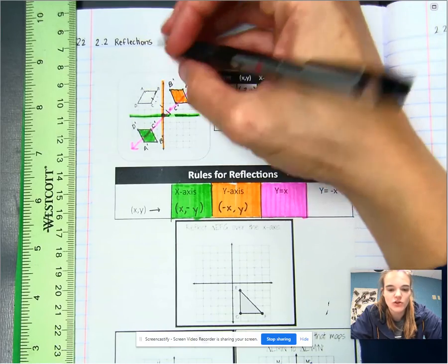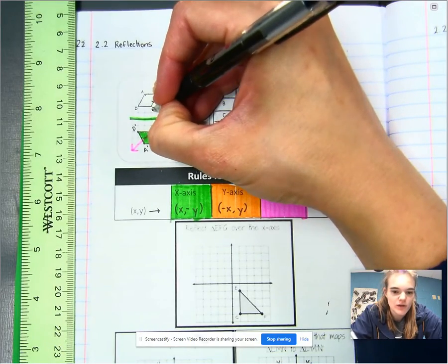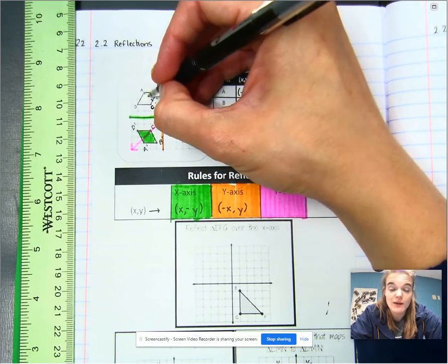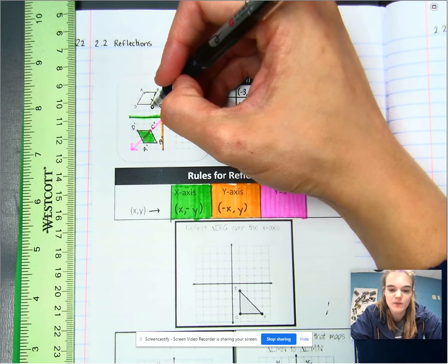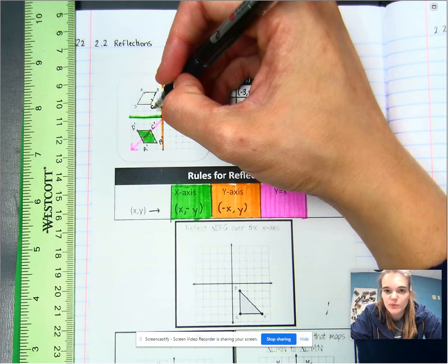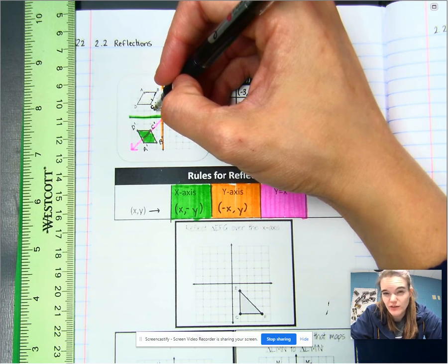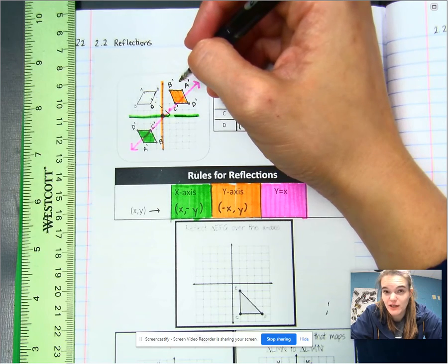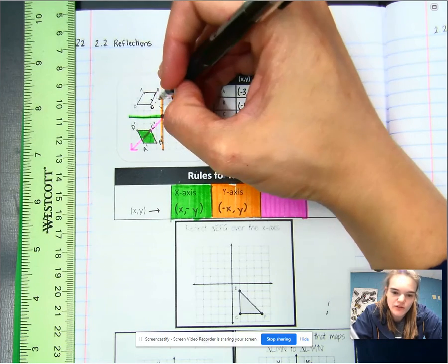We're actually going to start with C, because going through this picture is hard, and once we get C placed, since we know it's a rigid motion, the shape doesn't change. Once we reflect C, we're going to be able to place B and D, okay? So let's look.